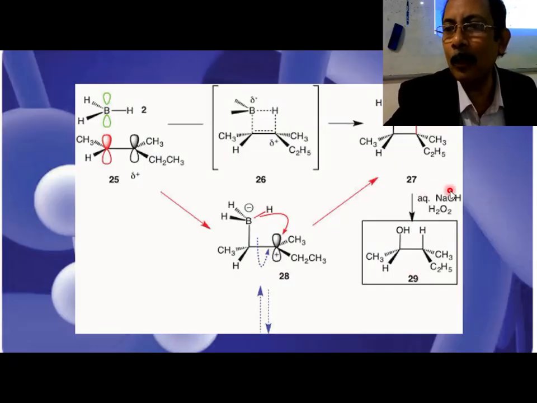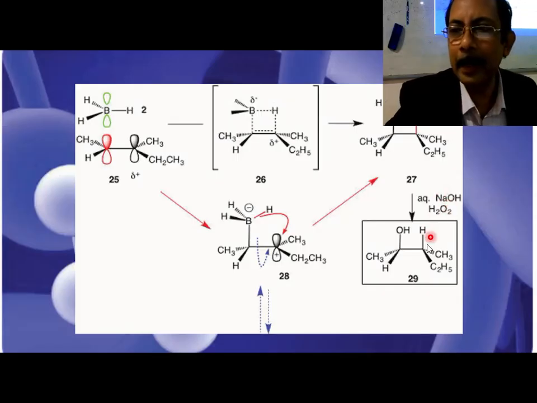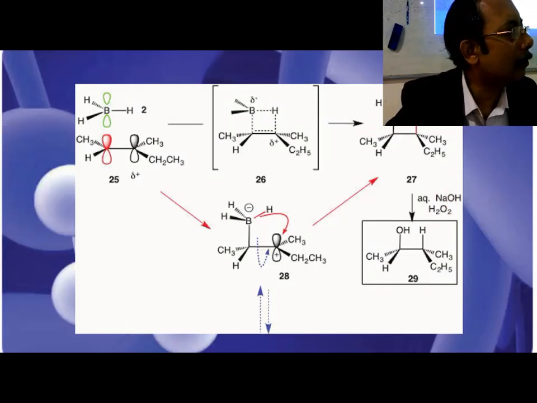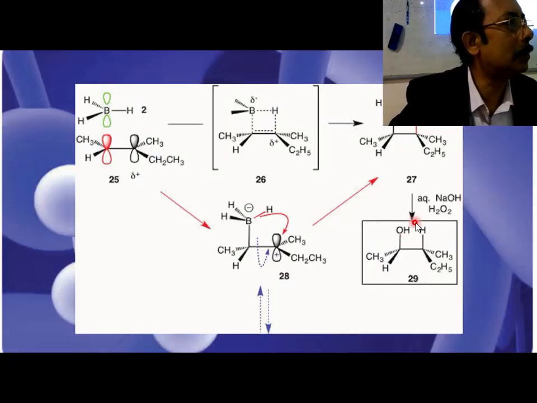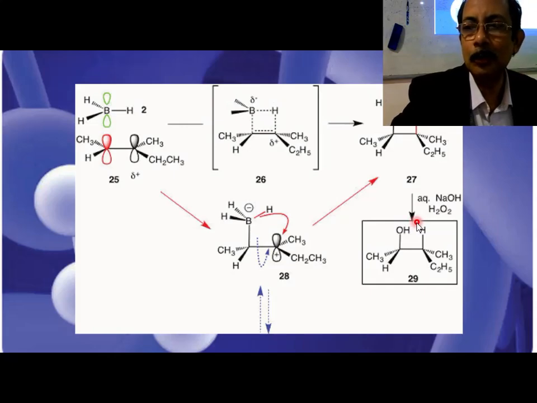And then after that, when you add aqueous NaOH and H2O2, this particular intermediate will break up, giving OH. This OH is coming from the NaOH and H2O2 mixture.